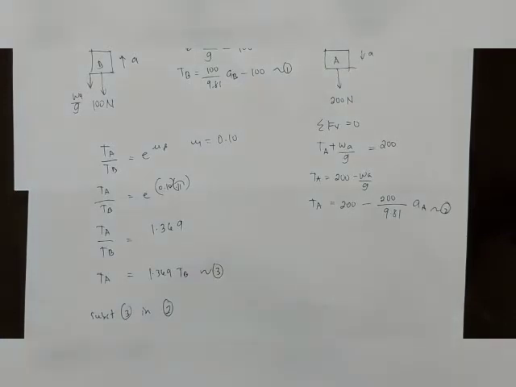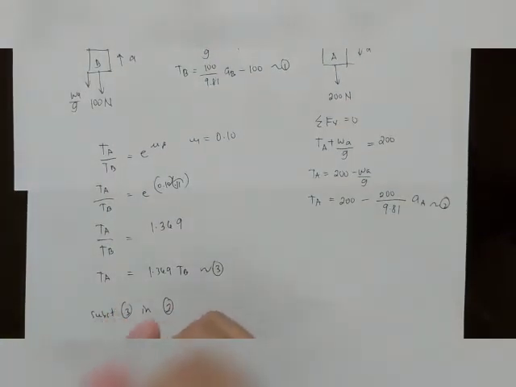Substitute 3 into 2. So we have 1.369 TB.